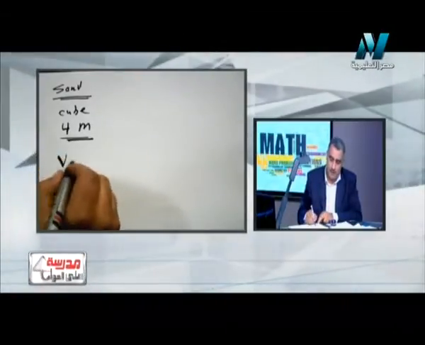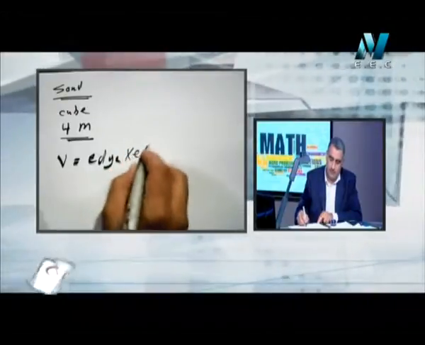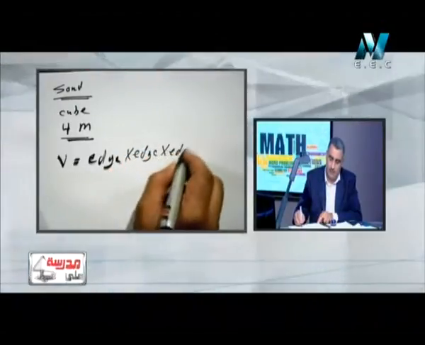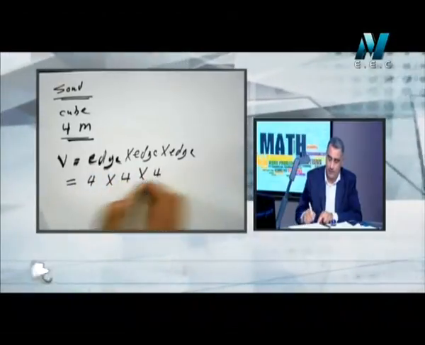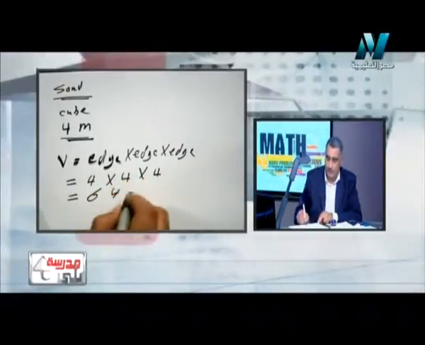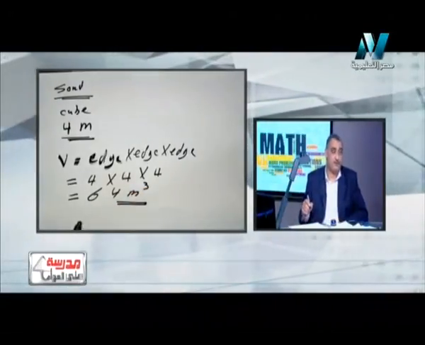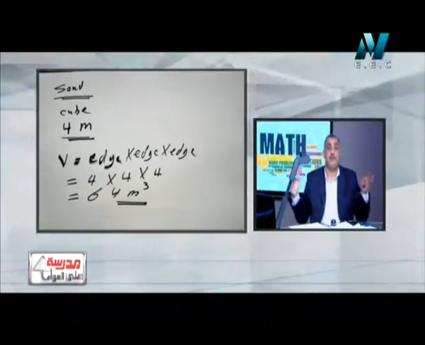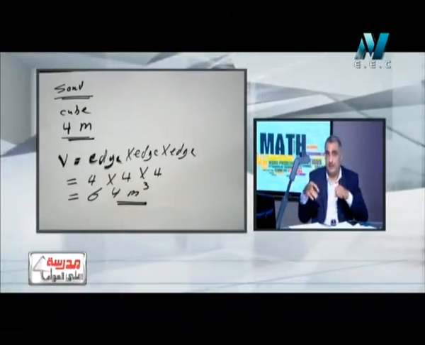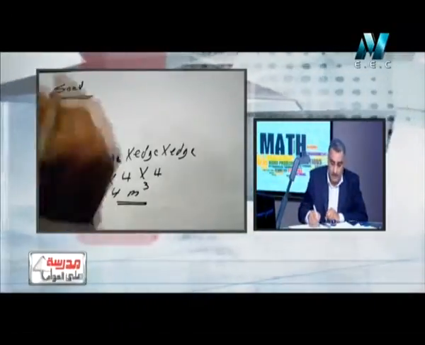Volume equals edge times edge times edge, 4 times 4 times 4. The result will be 64 meter cube. Don't forget the unit. We need 64 meter cube of sand to fill this hole.